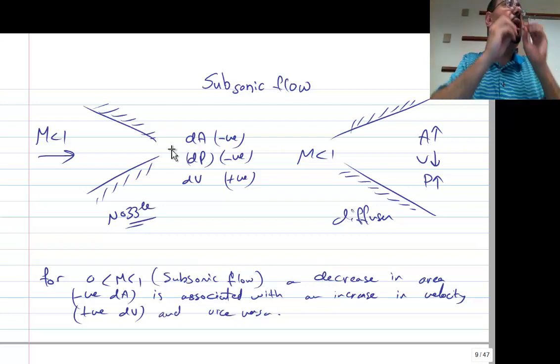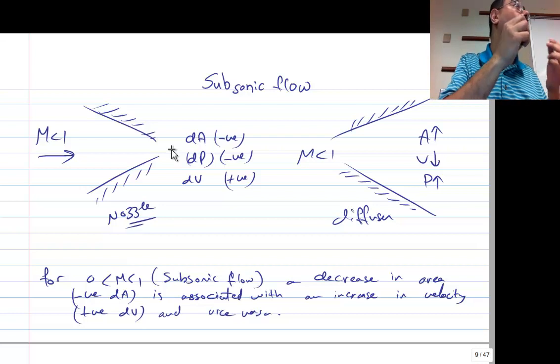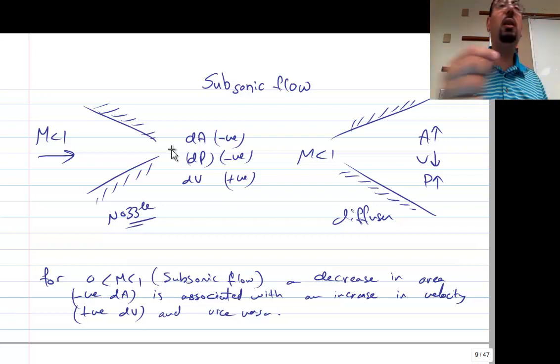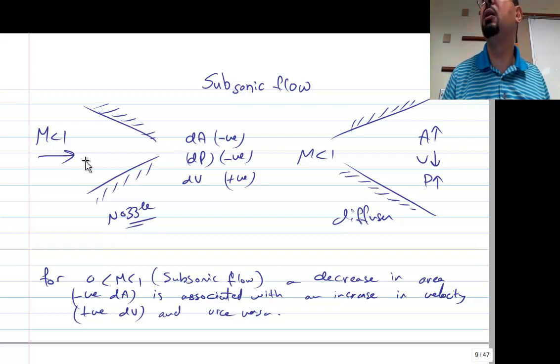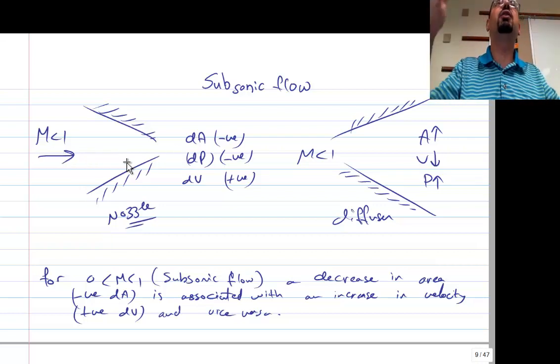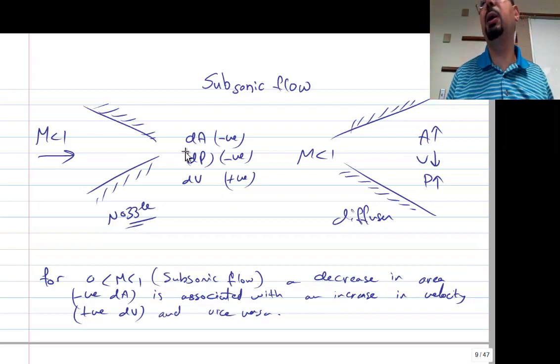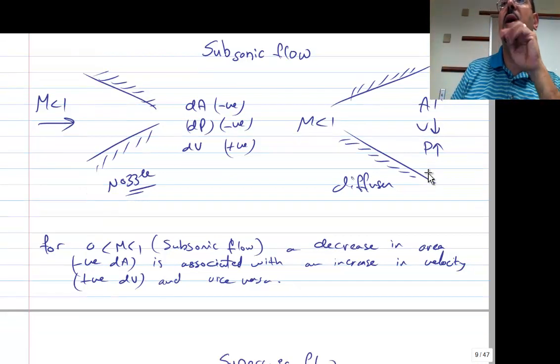But because the density of liquids and gases flying at very small speed does not change that much, conservation of mass between here and here translates automatically to volumetric conservation, VA equals VA. So with area getting smaller, V needs to get bigger. With M smaller than 1, if you give more area, you have to slow down. So subsonic flow speeds up here and slows down there, just to keep AV equal.